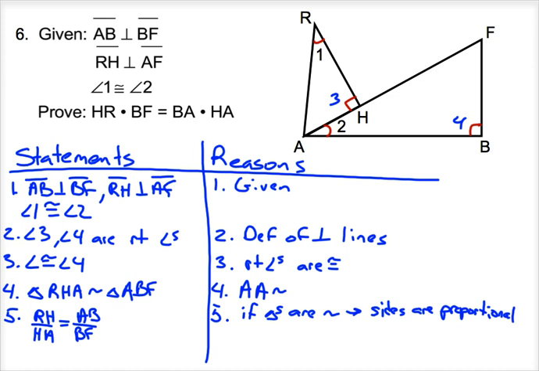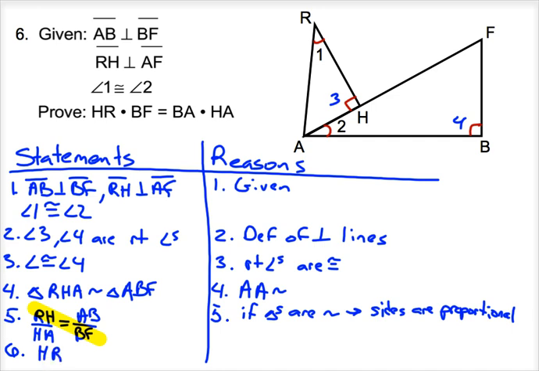And now I'll cross multiply this proportion I have. Imagine I'm multiplying this way. I'm going to have RH times BF, which is pretty much my proof statement, except for instead of RH, it's HR, so I'm going to switch it around because it's really the same thing.